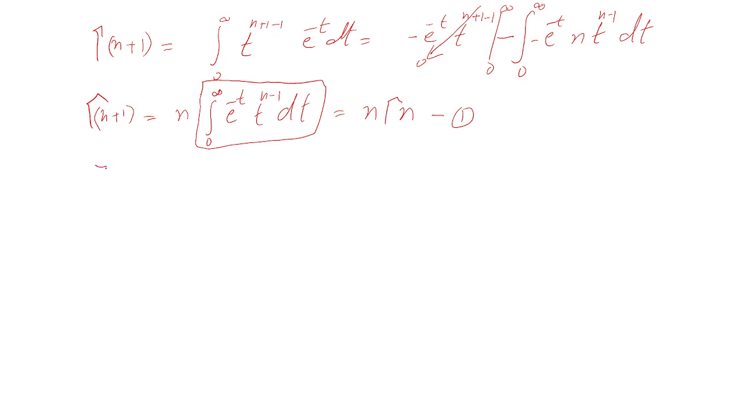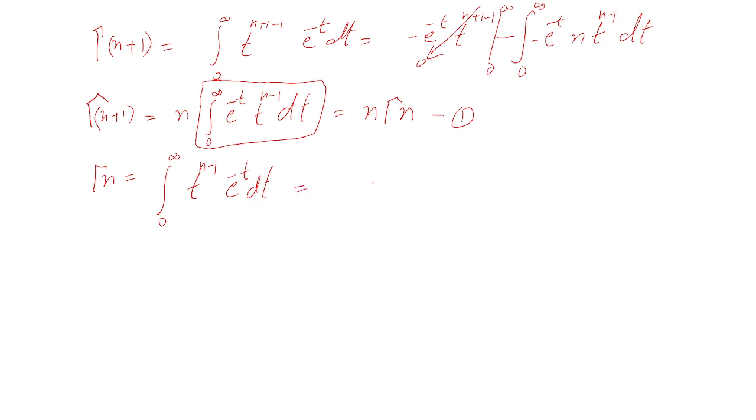Now gamma n is equal to the integral from 0 to infinity of t^(n-1) e^(-t) dt.